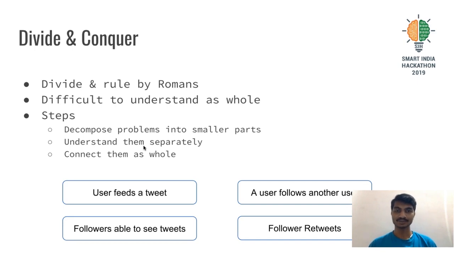They could not rule their country as a whole. So they divided them into smaller nations and ruled them separately so that it would be easy for them to manage. This is the same technique which we are going to follow to understand our problem.